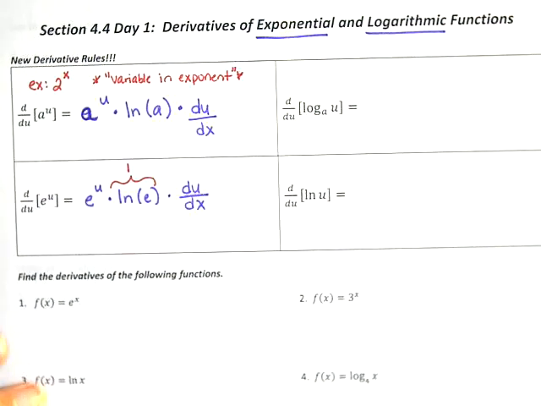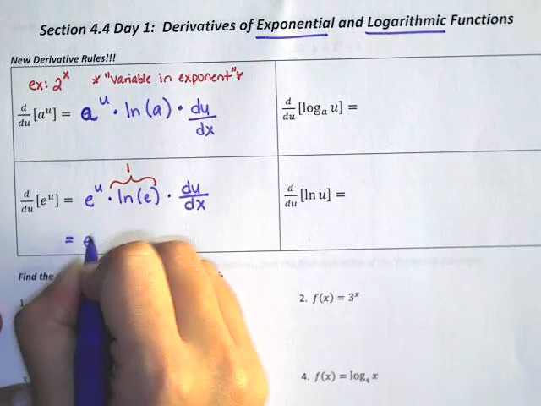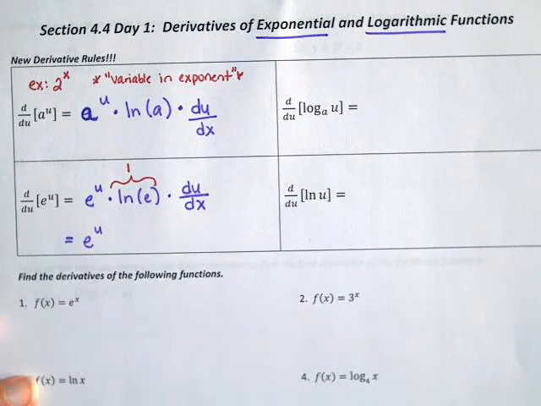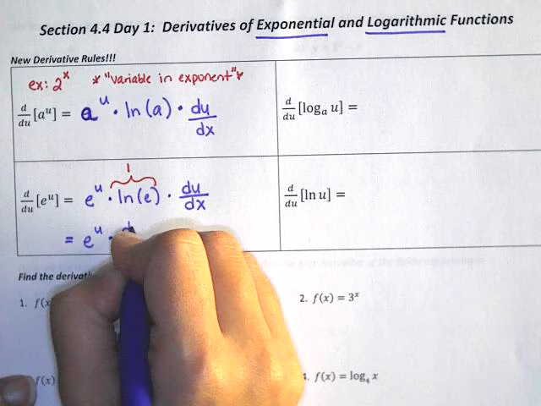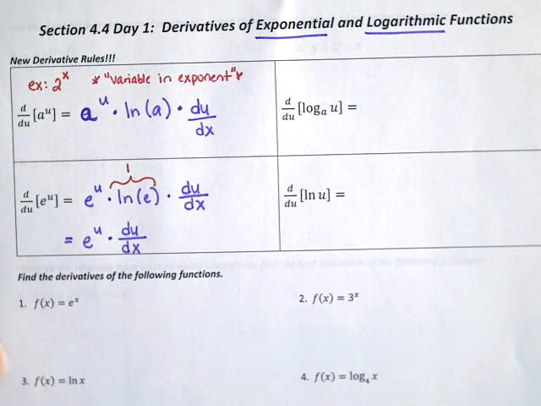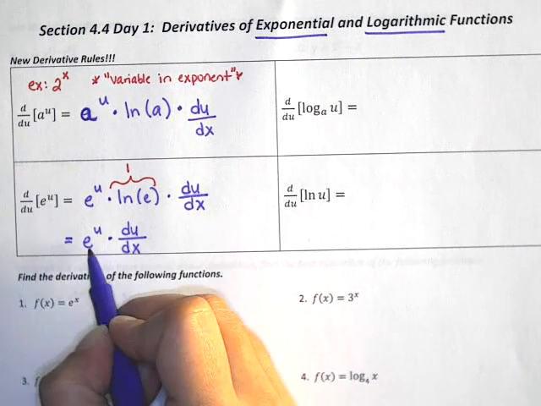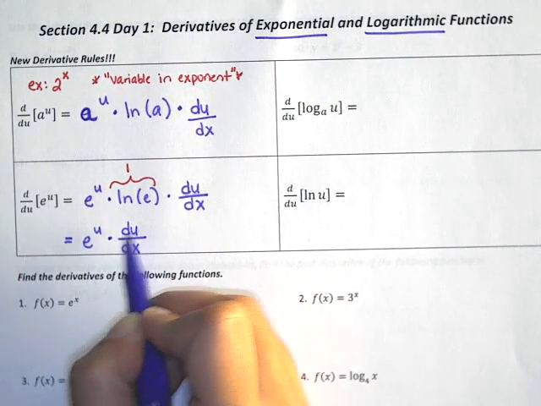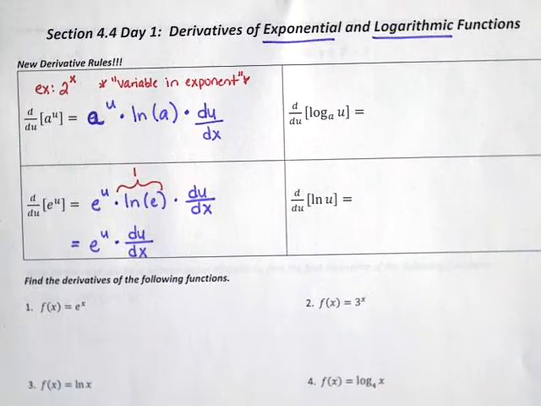If the natural log of e is 1, then this formula actually simplifies. We usually just write that the derivative of e to the u is e to the u times du dx. Basically, the derivative of e to the something is e to the something times the derivative of the something.